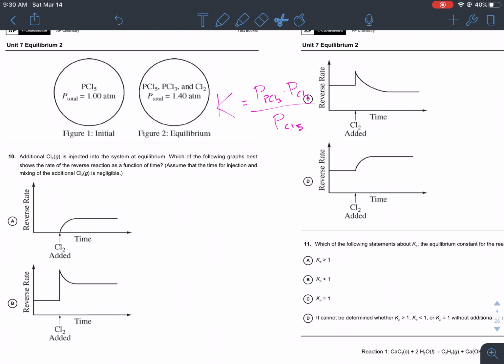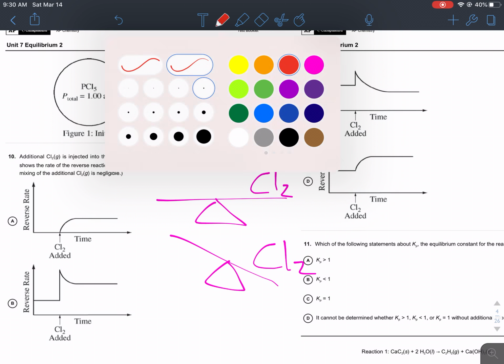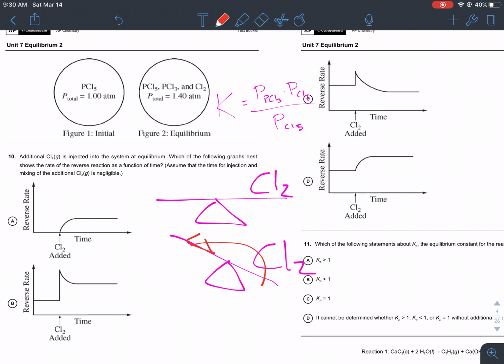Like you're going to stress the system out, take it out of equilibrium, right? Think of Le Chatelier's principle. You're at equilibrium, you're going to add a bunch of Cl2 on the product side. It's going to go like this, and then it's going to come back to equilibrium by going in reverse. So the rate will initially increase and then it'll begin to decrease. So the answer has to be C or B.